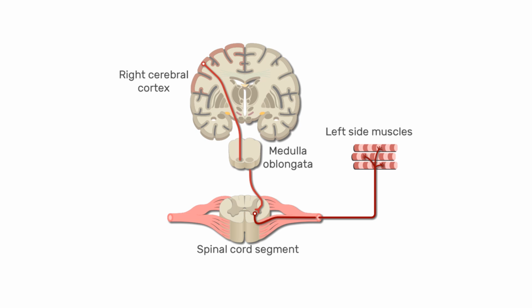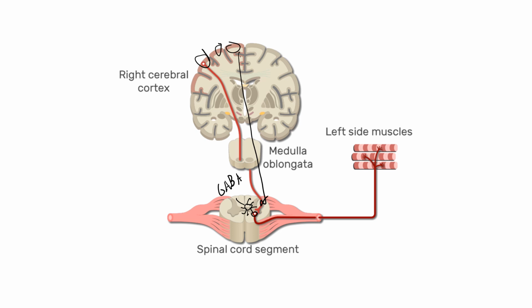So what do these GABAergic neurons in the spinal cord then do to the alpha motor neurons? Here's a GABAergic neuron. The GABAergic neurons make it harder for the primary motor cortex neurons to actually activate, get the alpha motor neurons to threshold.